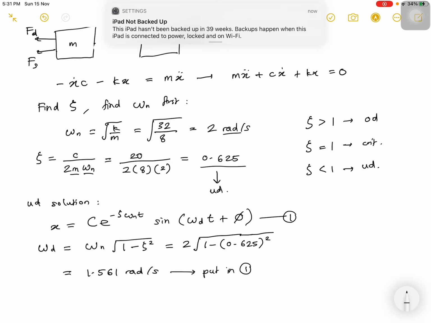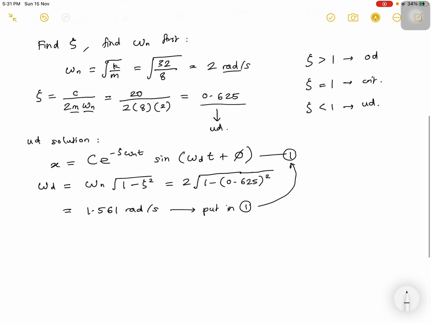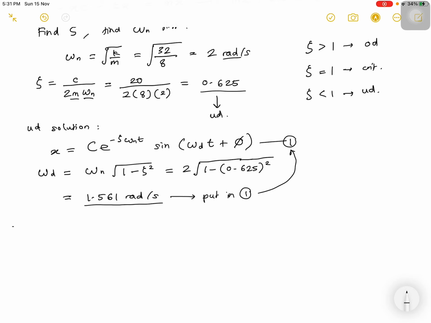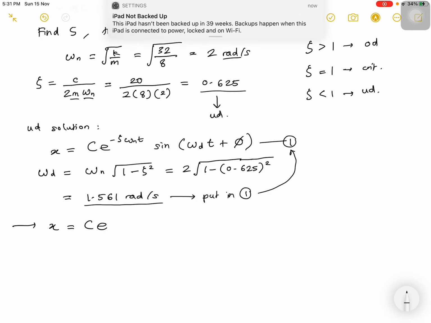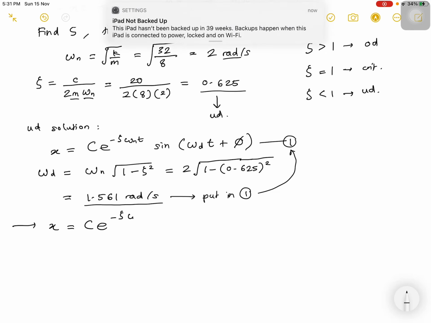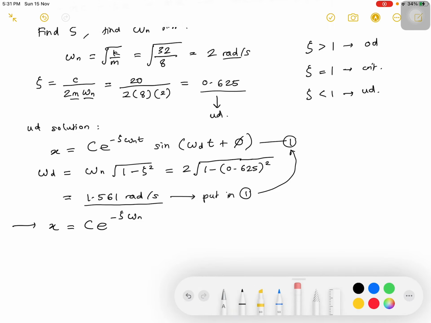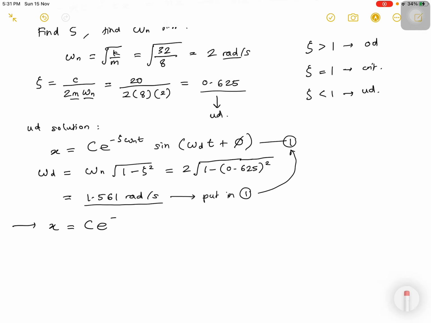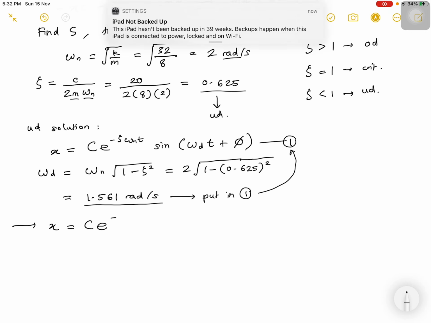Now we put this in equation 1. So we get x equal to c exponential negative zeta omega n t. I can put the values straight away. We multiply zeta with natural frequency and we get 1.25 t.